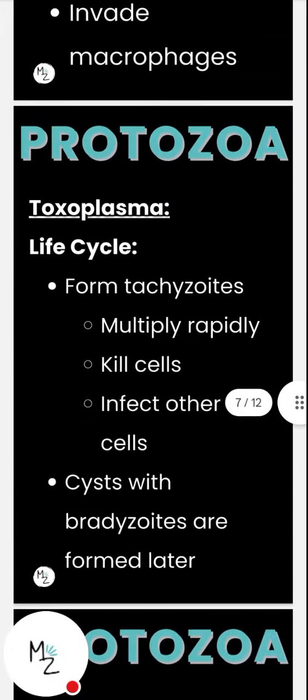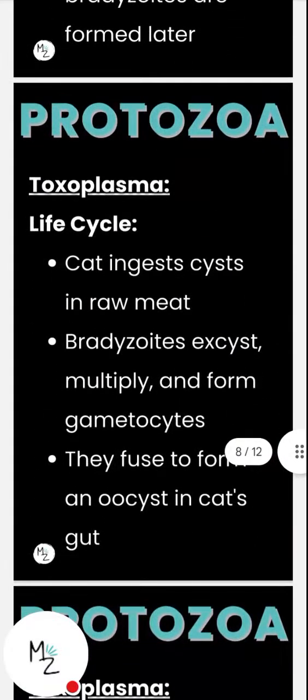These tachyzoites multiply rapidly, kill cells, and infect other cells. Cysts containing bradyzoites are formed later. The cat ingests cysts in raw meat and bradyzoites are released. Then they multiply and form male and female gametocytes. Now what happens?